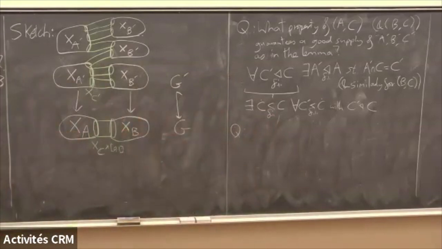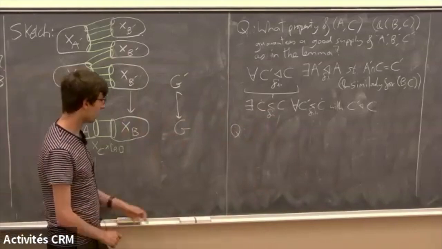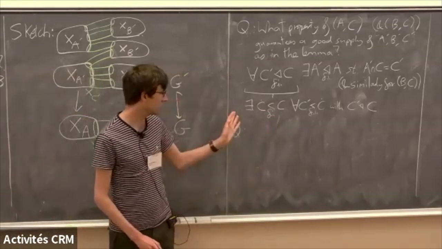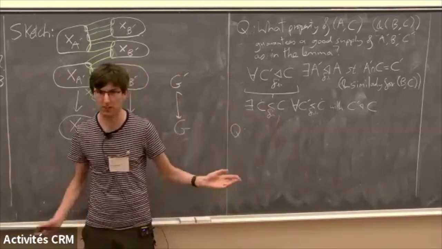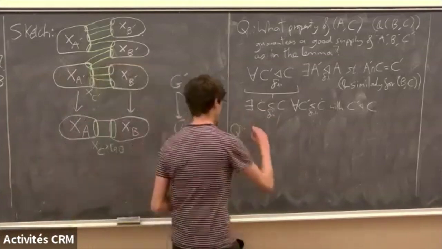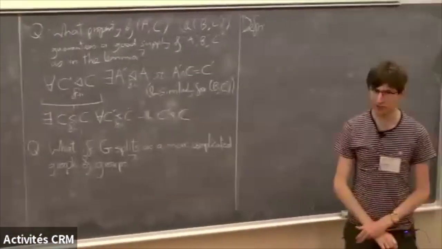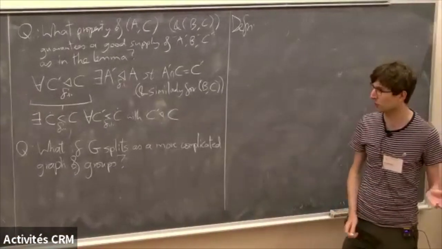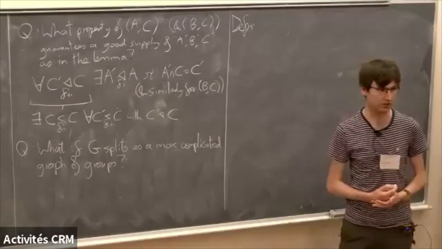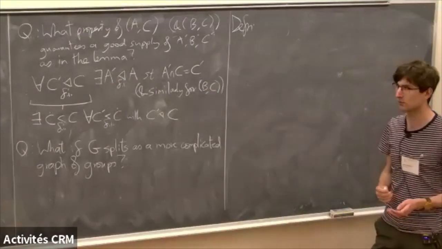So far, this is all looking at the case of a group amalgam. Of course, one could do the same game, but looking at a more complicated graph of groups. And this now takes us to the key definition of the talk about a group commanding a collection of subgroups.